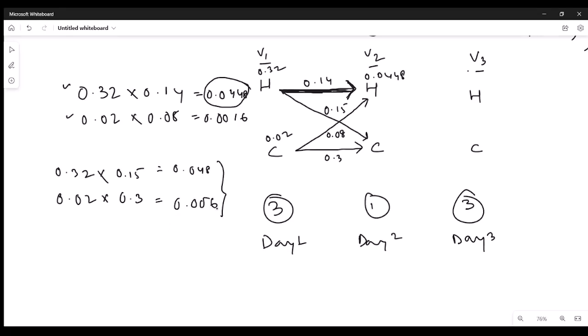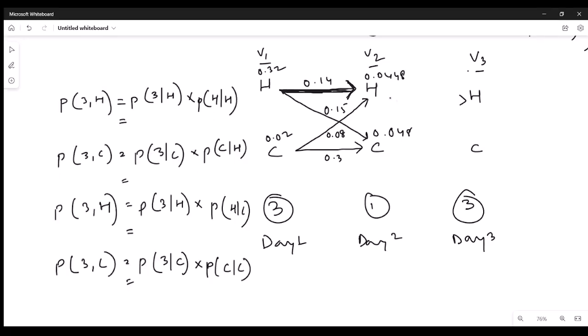Now from these two values we will take the maximum value, and here the maximum value is 0.048. Now again similarly we will calculate the next state from this to this. Let us do it again.